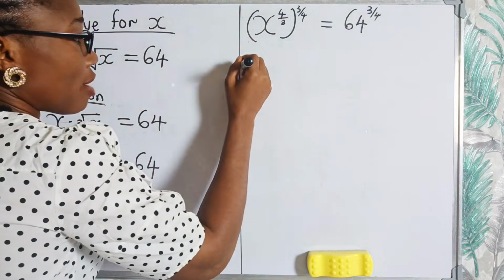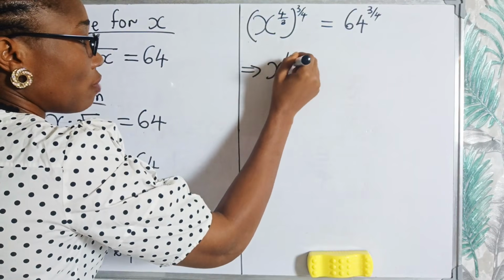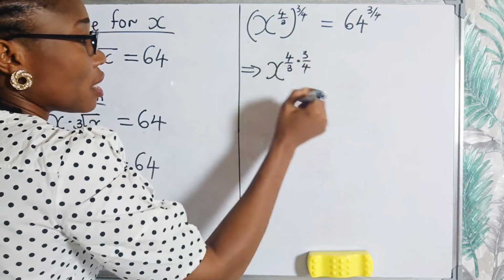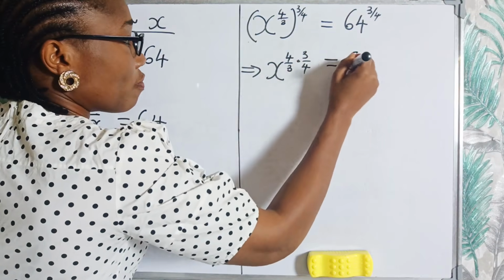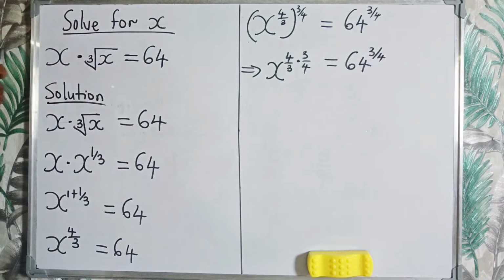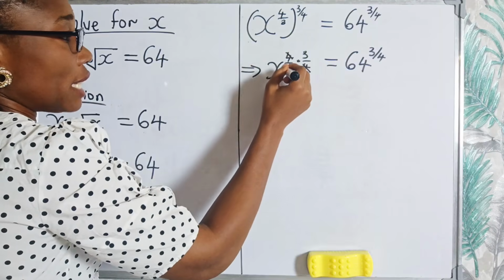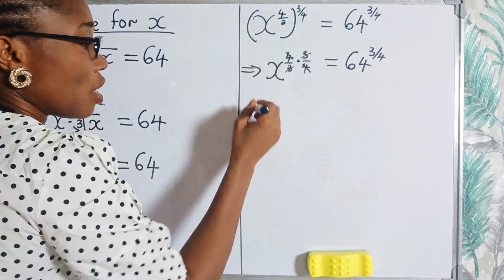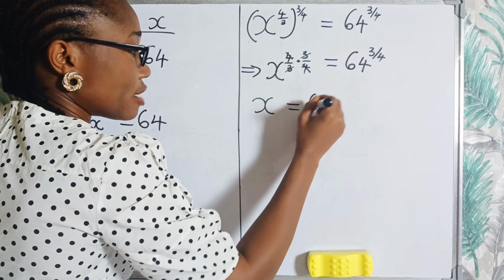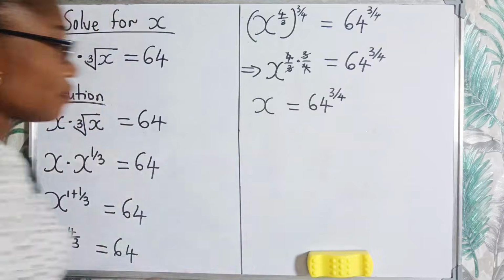So here we are going to have x raised to power 4 over 3 times 3 over 4, and this is equal to 64 raised to power 3 over 4. Now, 4 will cancel 4 and 3 will cancel 3. So we have our x alone now. x is now equal to 64 raised to power 3 over 4.